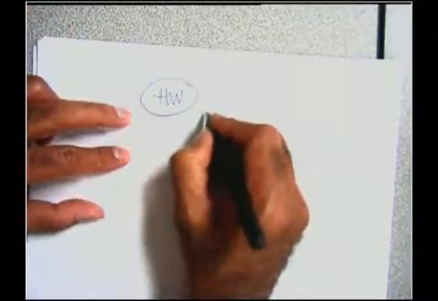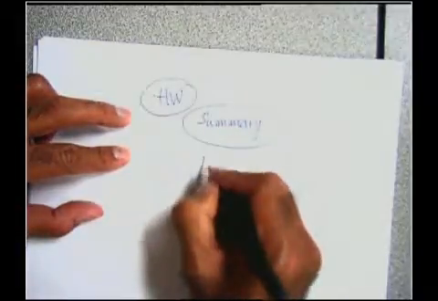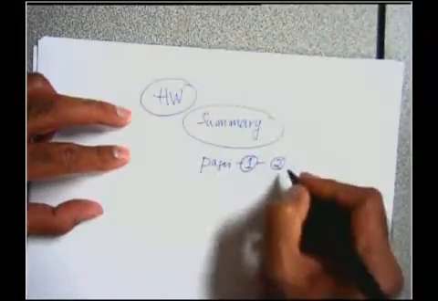Now I want to give you the homework. You can watch this video from just now in the class, and then make a summary of what we discussed in the class. One to two pages is enough.